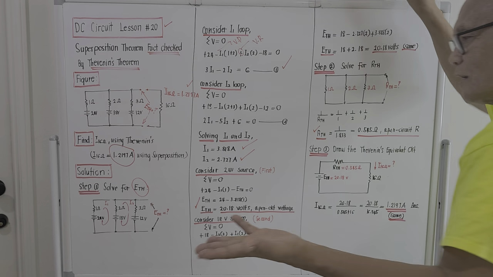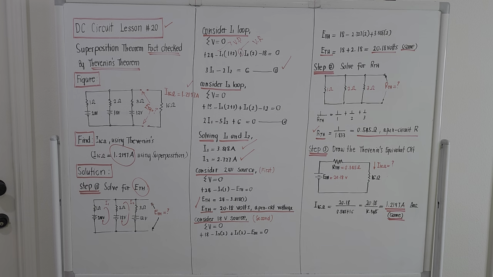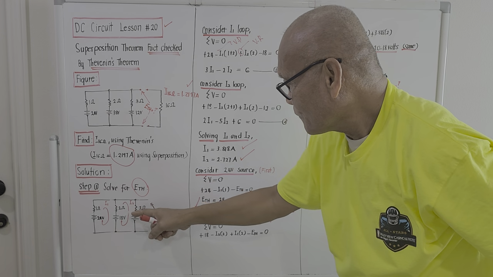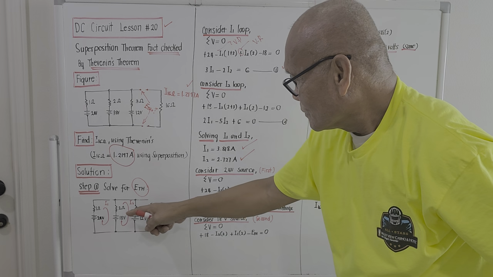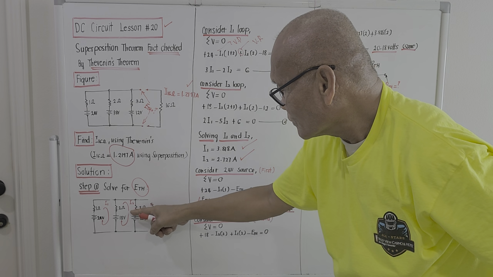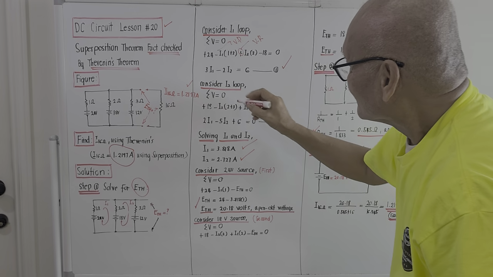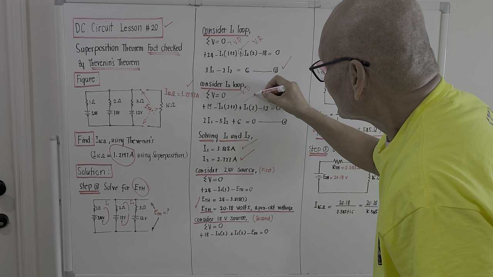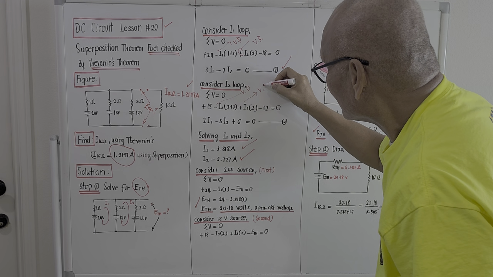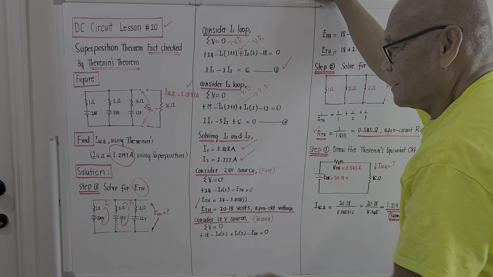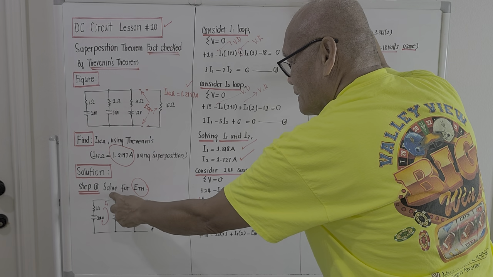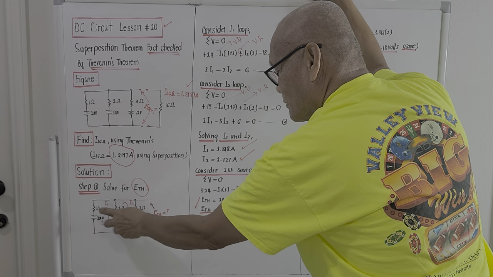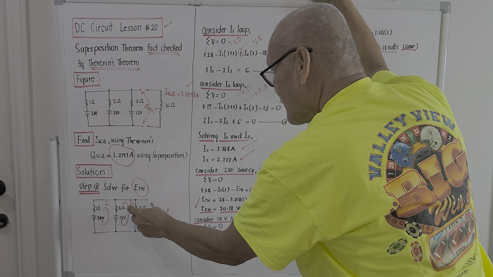Okay, what are the other voltage drops or voltage rises considering the I2 loop? This I sub 1 here has an effect on I sub 2. So this I sub 1 is against I sub 2. The first one is a voltage drop. This one is a voltage rise. The effect of I1 considering the I2 loop will be a voltage rise because it is against the current I sub 2.